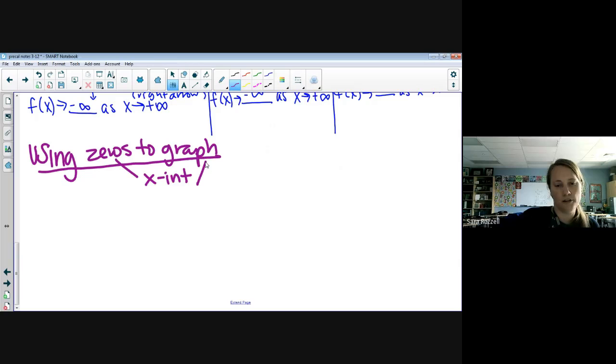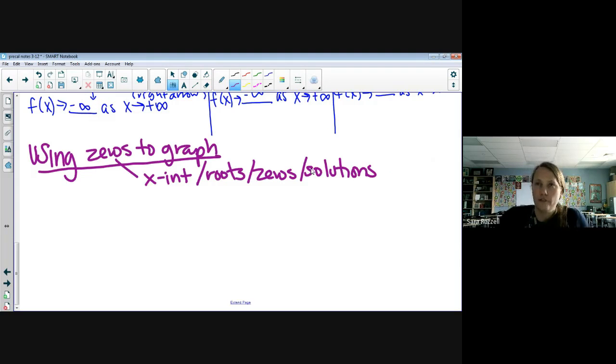You might also hear them called roots. Also zeros. Also solutions. All four of those words mean the same thing in relation to a polynomial. And I use them interchangeably. So make sure that you're familiar that an x-intercept, a zero, a root, a solution, those are all the exact same things.